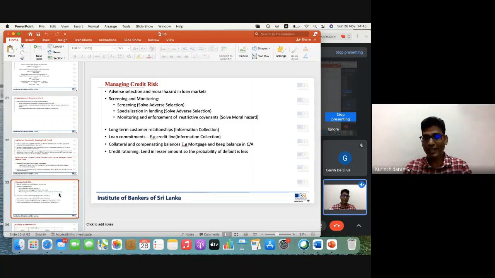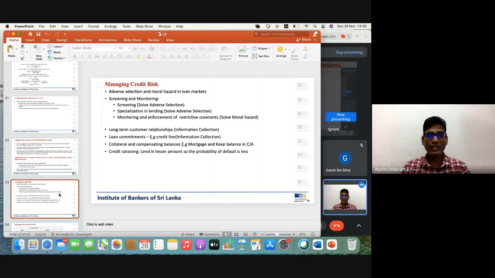So you are not lending, but you get the customer's information and can continuously monitor as necessary. Nowadays, off-balance-sheet items are growing, right? It's one of the lucrative businesses for banks, and it reduces credit risk to some extent.